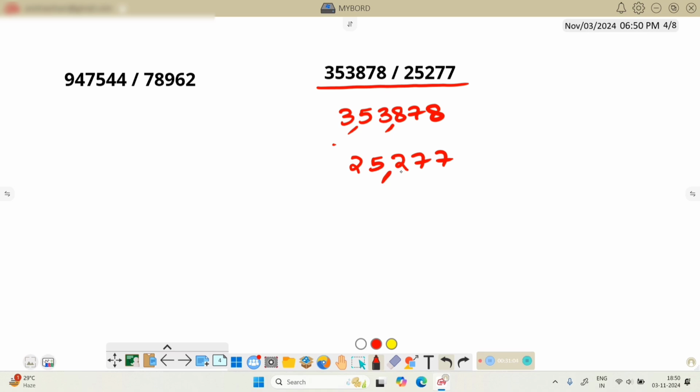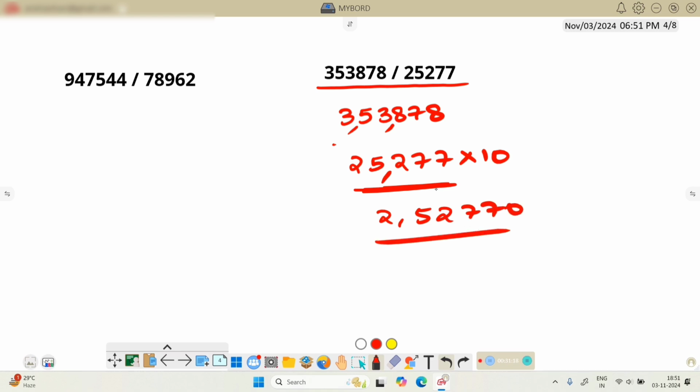Here you will get 25,277. So in order to make the denominator into lakhs, you just multiply with 10. You will get the answer 2,52,770. Okay. So if you compare 3,53,878 and 2,52,770, this is very near number, right?